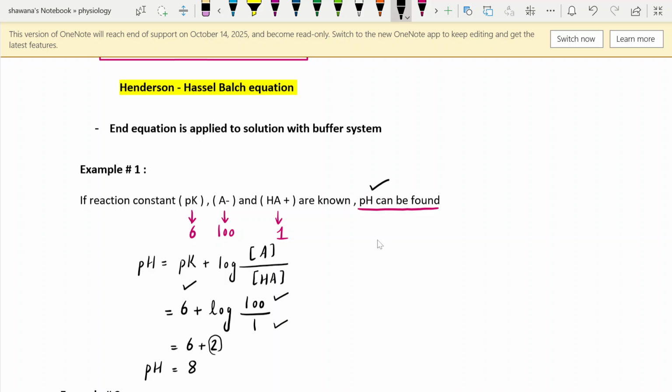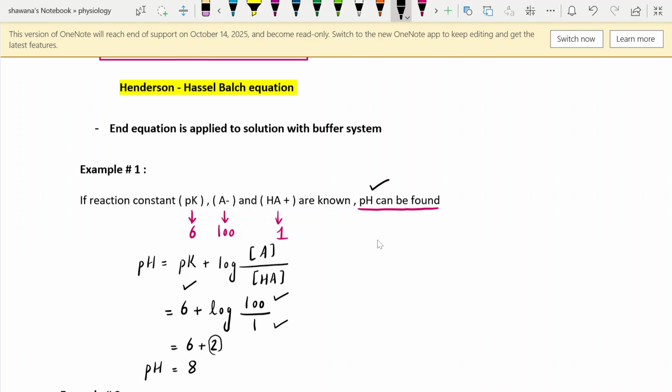Example number 2: when pH and pK are known, we can find the ratio of A and HA. We can find the ratio of these ions. So let's do it. pH is 5 and pK is 6 plus log. So 6 goes to the other side, it becomes -1, and the log remains the same, A by HA.